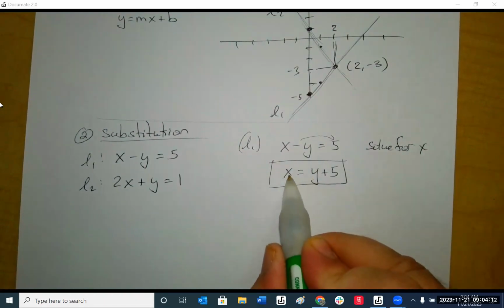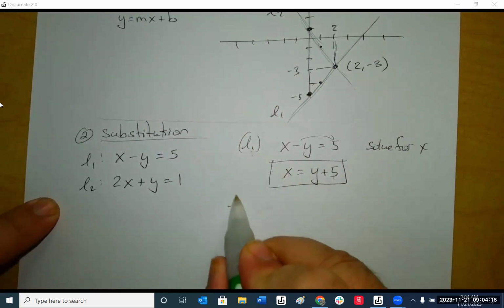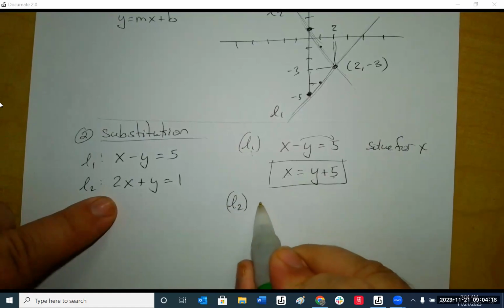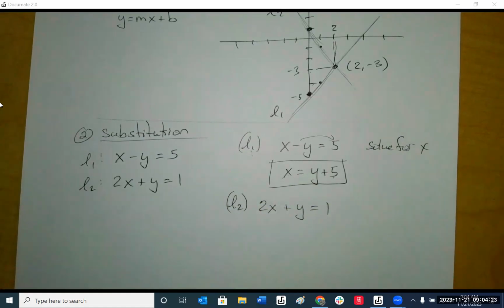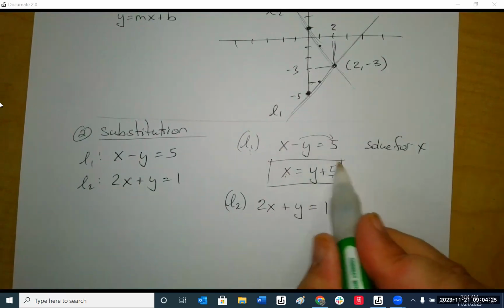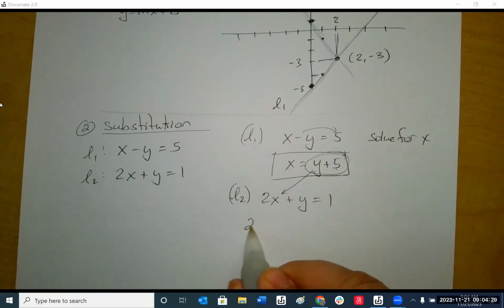All right, so now we know that x equals y plus 5. Since we used line 1 here, we go to line 2, which is 2x plus y equals 1. Anywhere I see an x, I know the expression is y plus 5. That's the substitution part.